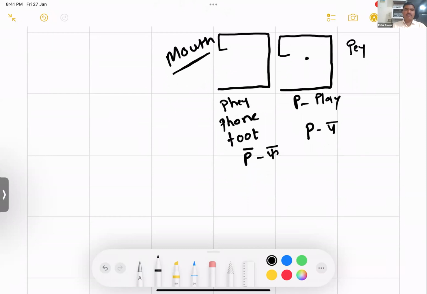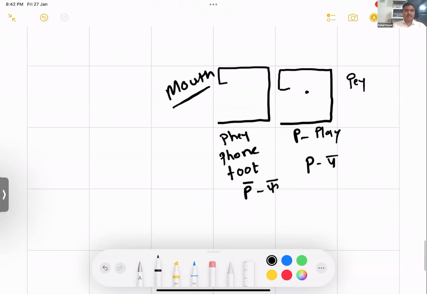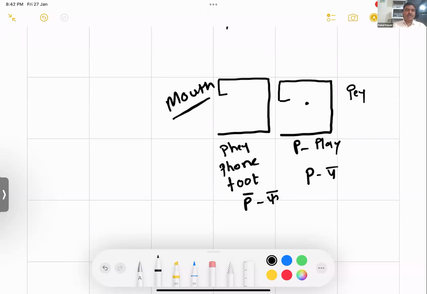Is everyone clear about Pay and Fay? Then, as I told you, Ayin means eye and Pay means mouth. And this Pay has a numeric value of 80.